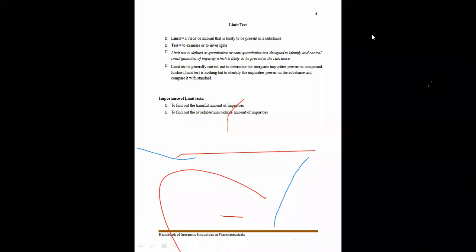Here we can find out what type of harmful impurities are there in the pharmaceutical preparations, how much amount of harmful impurities are there, as well as how we can avoid the presence of impurities in those pharmaceutical preparations.